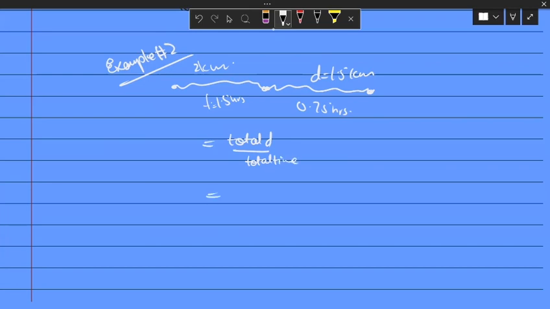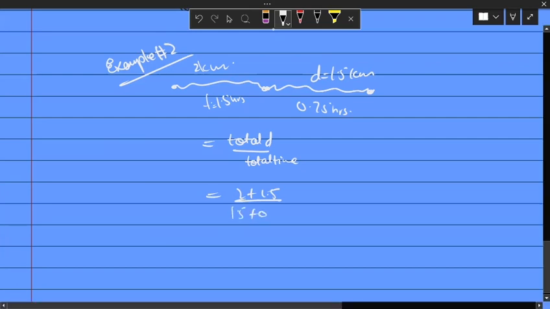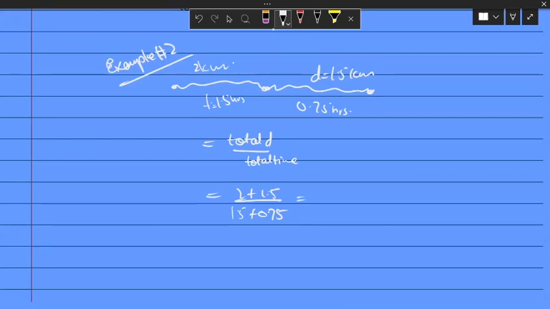So according to the formula, the total distance is 2 plus 1.5 upon the total time, which is 1.5 plus 0.75. So let's put this in the calculator. 3.5 upon 2.25, right?